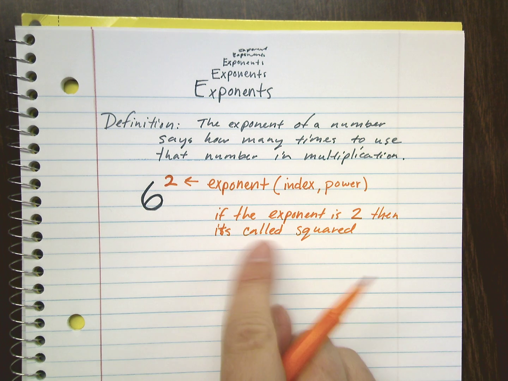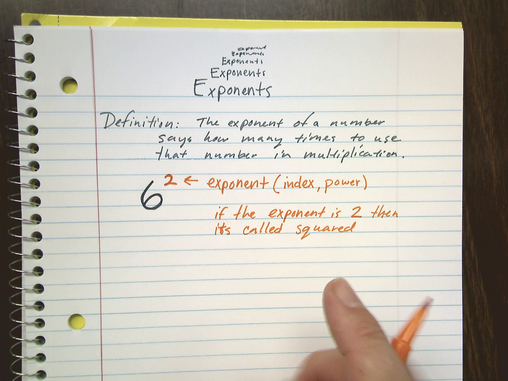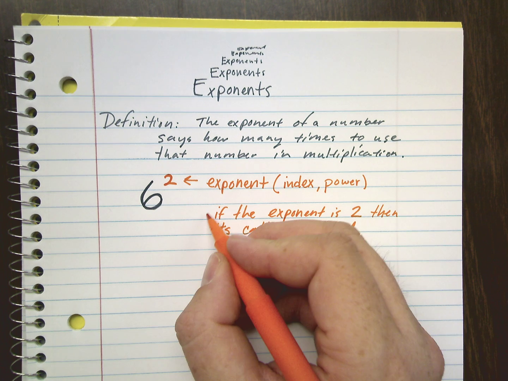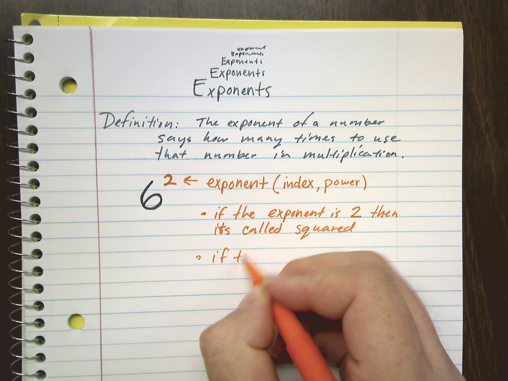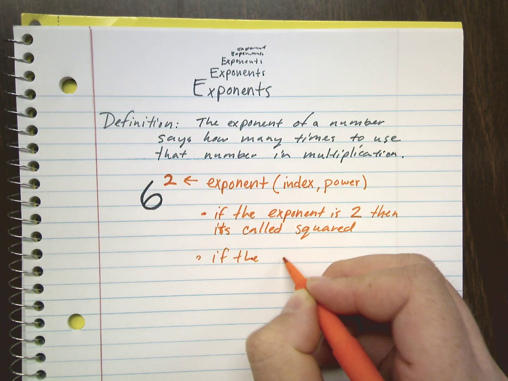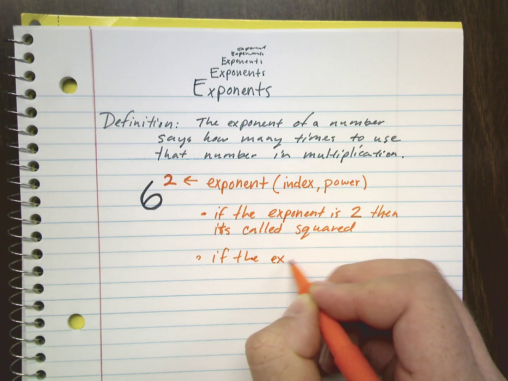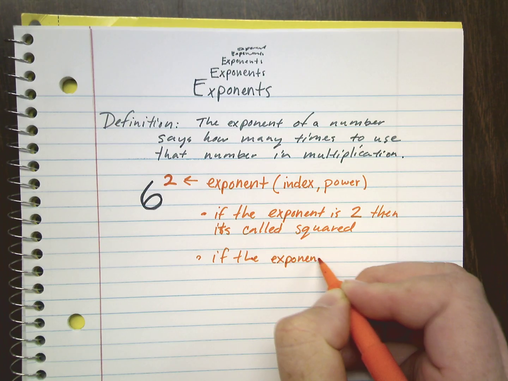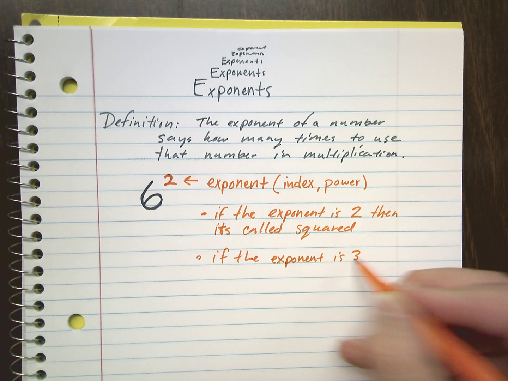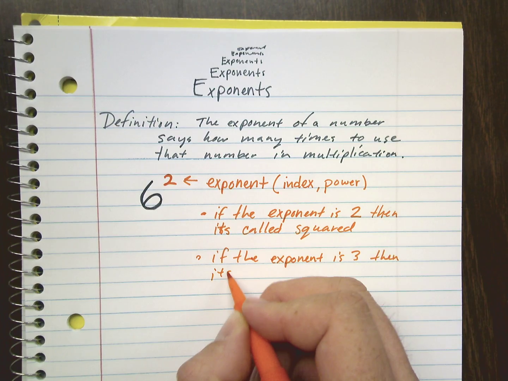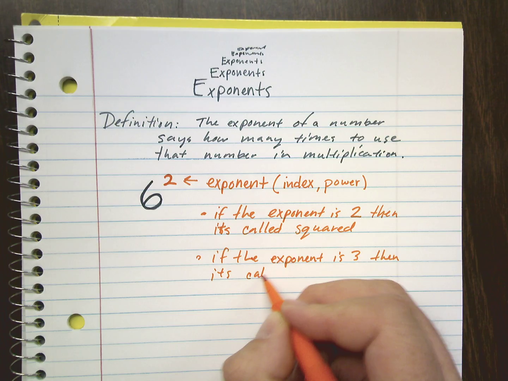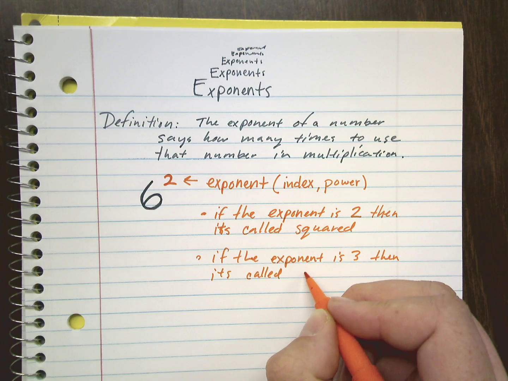We'll go over why it's called squared in a second, and we'll go over the next one too. If the exponent is 3, then it's called cubed.